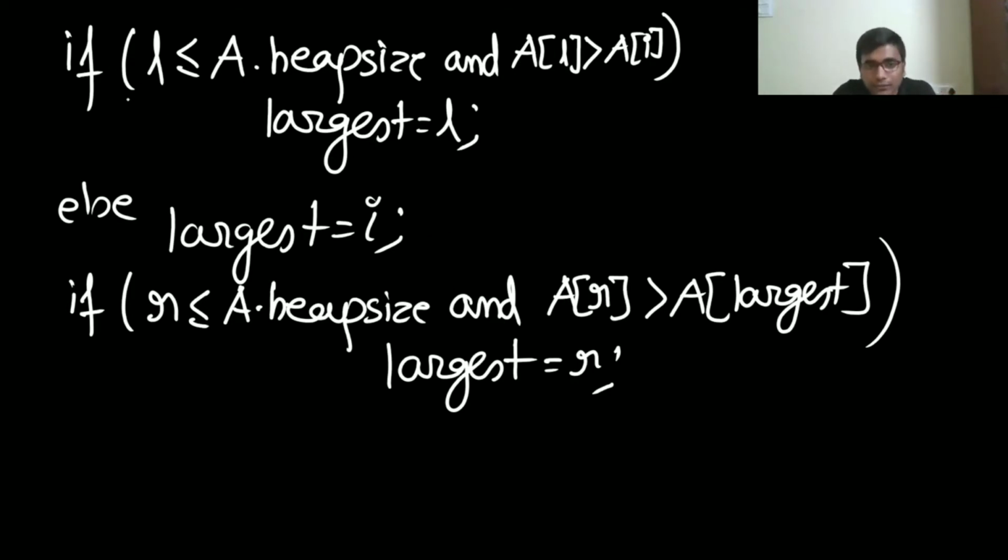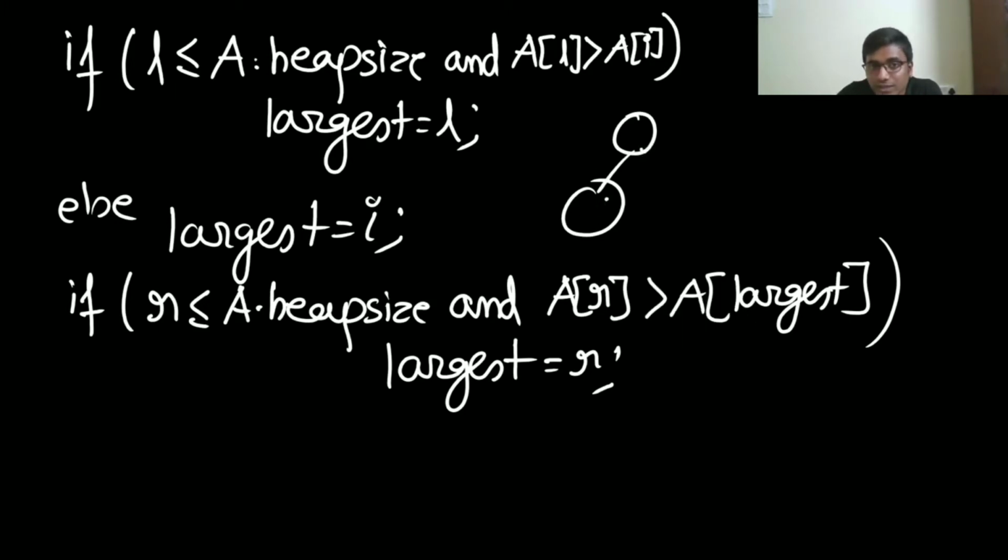See, here with this code I am checking first between parent and left child which element is having the largest value, and I am storing the index of that element. I am not storing the value, I am storing the index. Between left child and the parent, after comparing, I am getting which is the maximum, whether parent value is maximum or left child is greater.